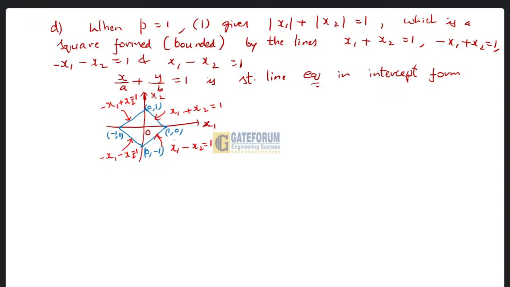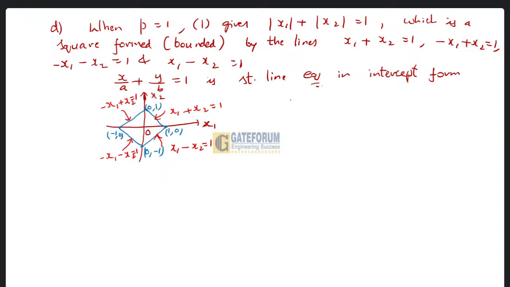So what is the area of a square? Square of its length, side square, that is a square, or diagonal square by 2, where d is the distance between two opposite vertices, which is the diagonal.